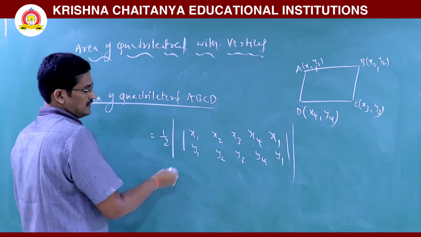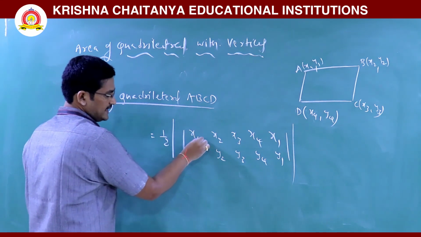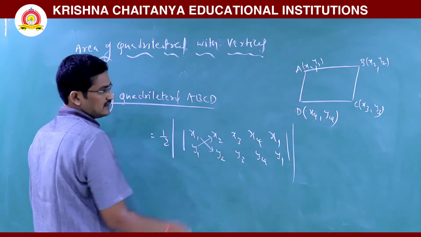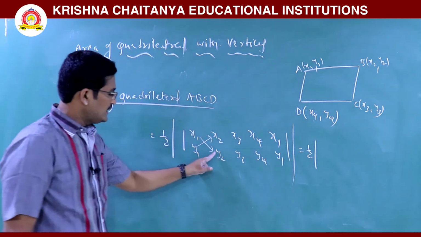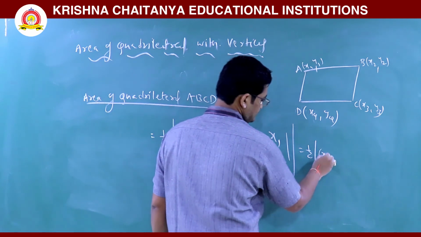What is the expansion of this? Half into modulus of x1 y2 minus x2 y1.